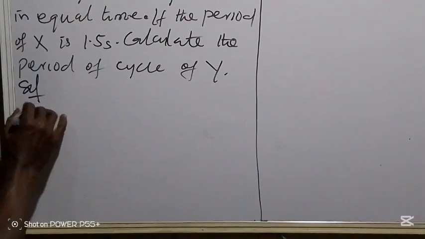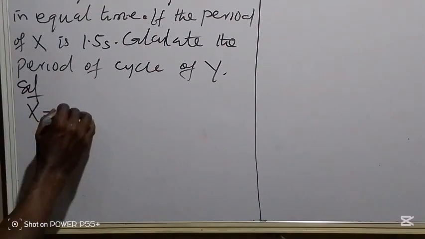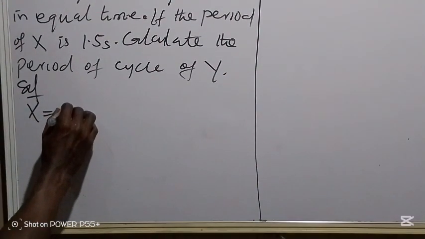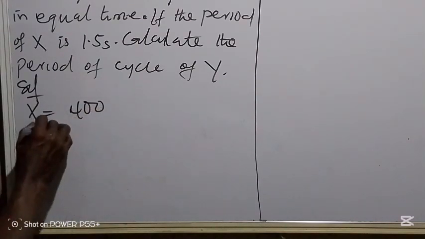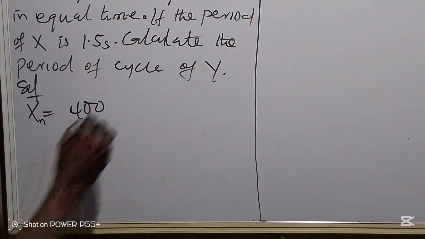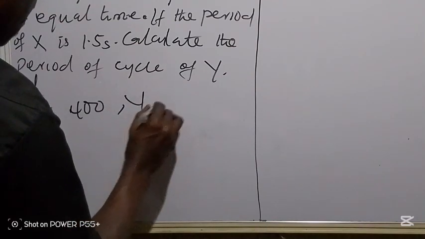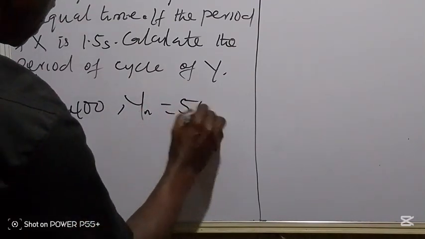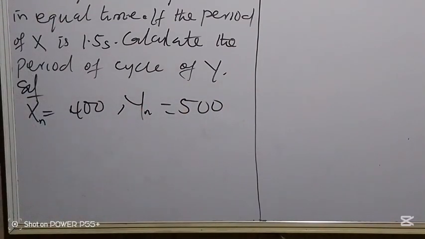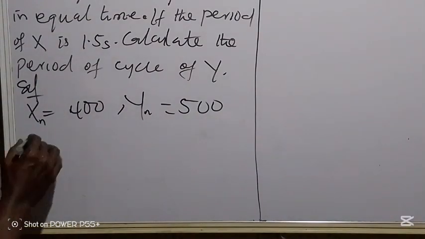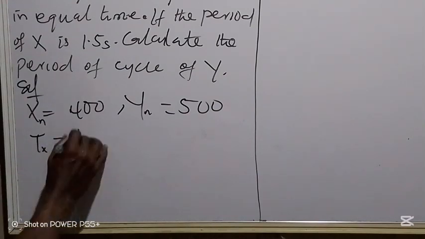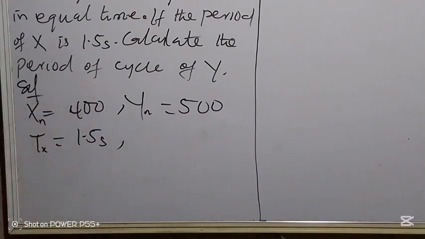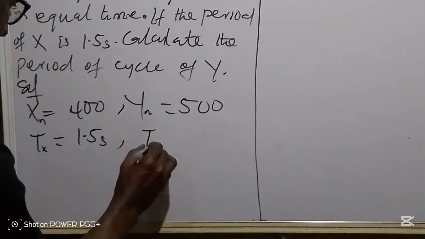For X, the number of oscillation is 400. For Y, the number of oscillation is 500 cycles. For X, the period, that is Tx, is equal to 1.5 seconds. Then we have to calculate the period Ty.